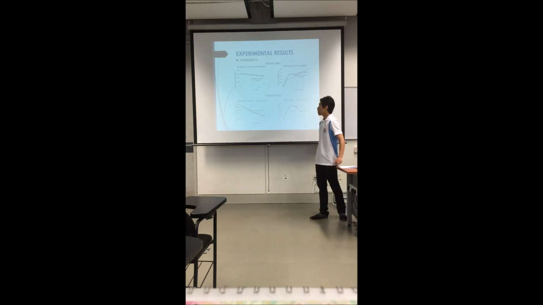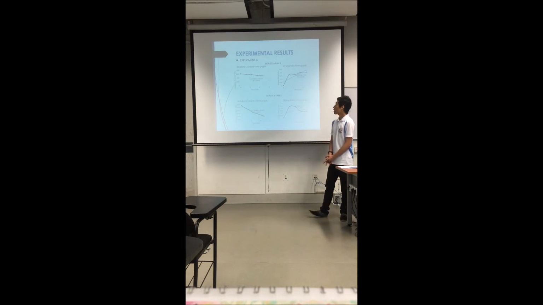So basically this is the result we obtained from our tray dryer experiment. Generally, for experiment part A, we vary the heater, which has different temperatures, for heater A fan 1 and also heater B fan 1.